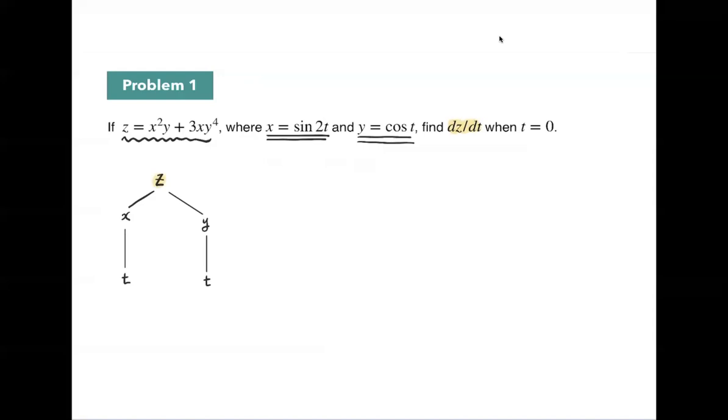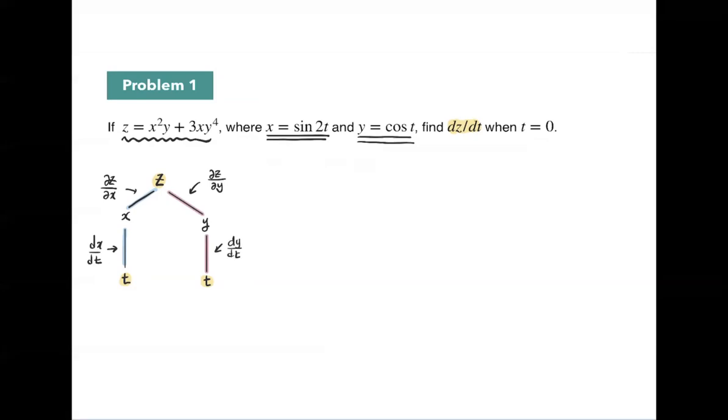So let's think about z and t. There are two routes joining z and t, this blue one and the red one. For the first one, this line represents dz/dx, this line is dx/dt, this line is for dz/dy, and this line is for dy/dt.